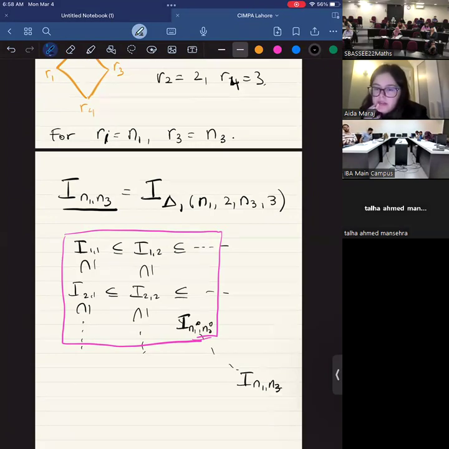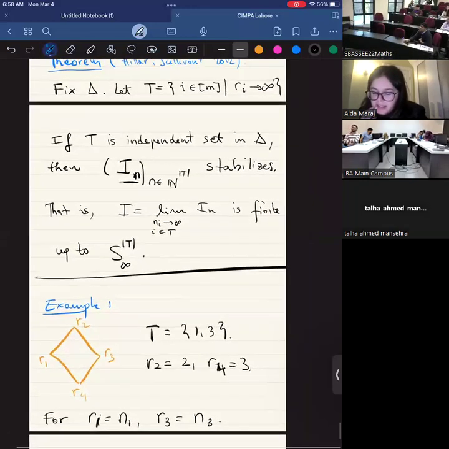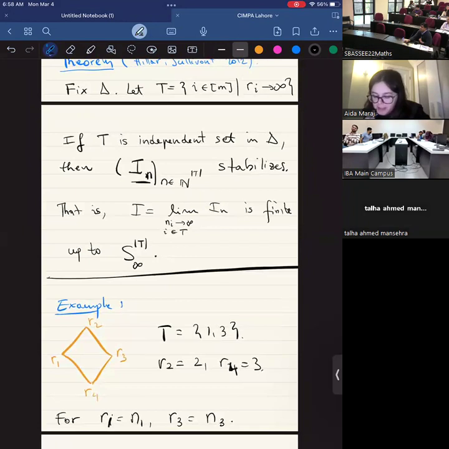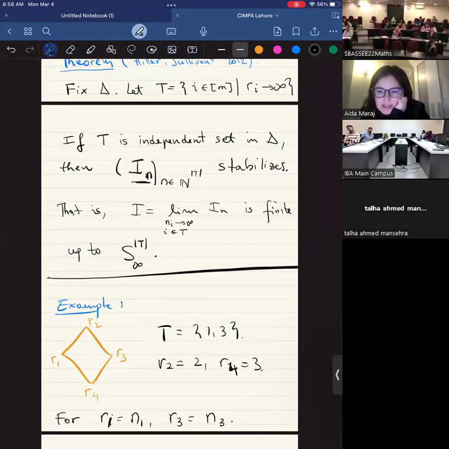Can you show the statement of the theorem above? The statement says that as long as these variables that I'm letting vary correspond to an independent set of the delta, then the filtration of ideals that I get stabilizes up to this symmetry group action.